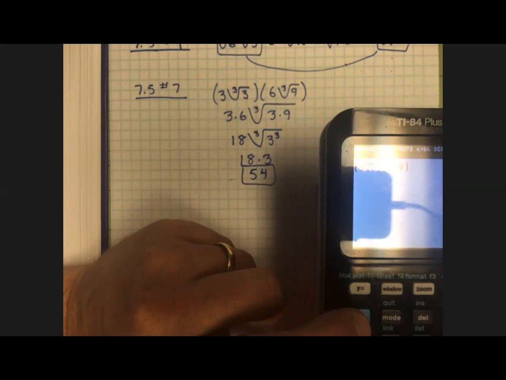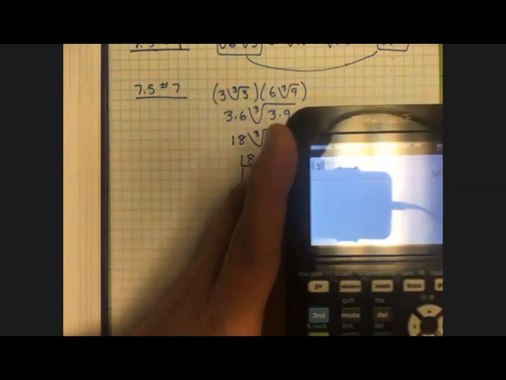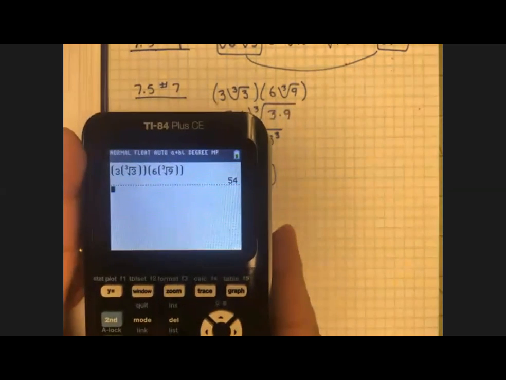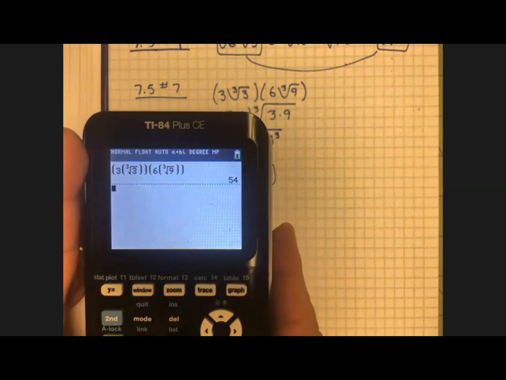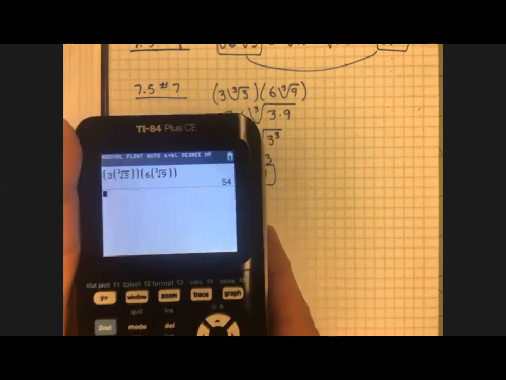Somehow when I multiply that whole mess, I get 54. Oh, it was a little bit in the glare there, sorry. When I multiply that whole mess, I get 54.